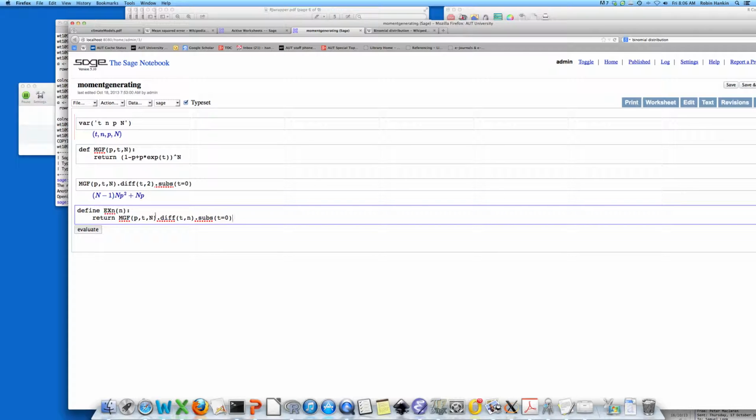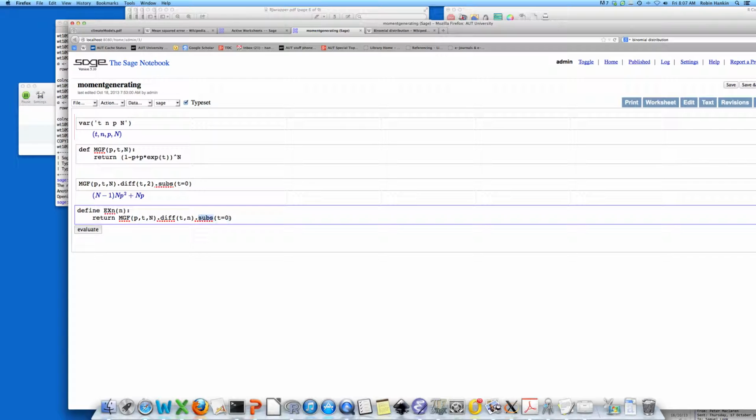So we've got this function here, exn, which basically returns the expectation of x to the power n, because the expectation of x to the power n is the result of differentiating the moment generating function n times, which is this bit. That's the moment generating function highlighted. This bit means differentiate with respect to t n times.